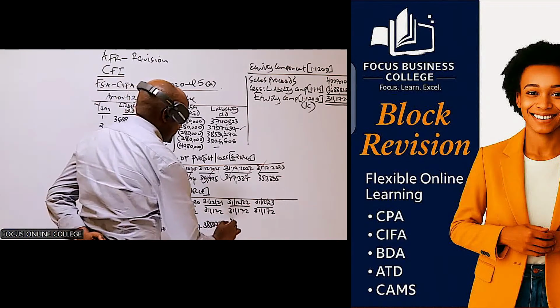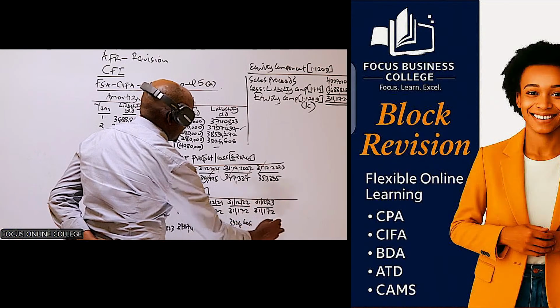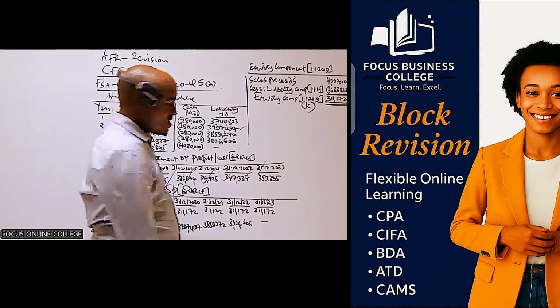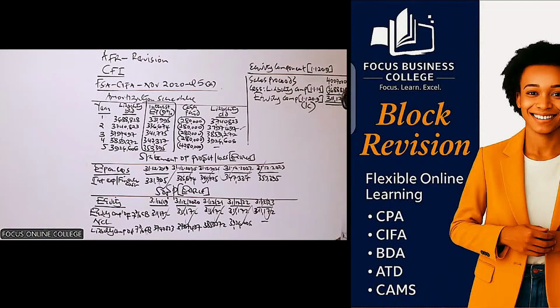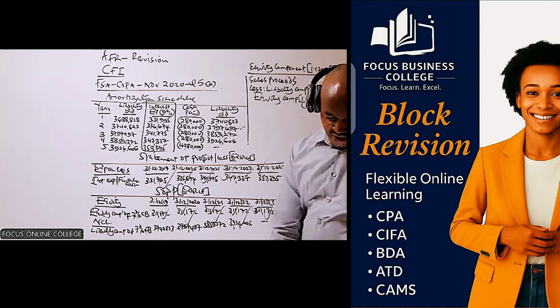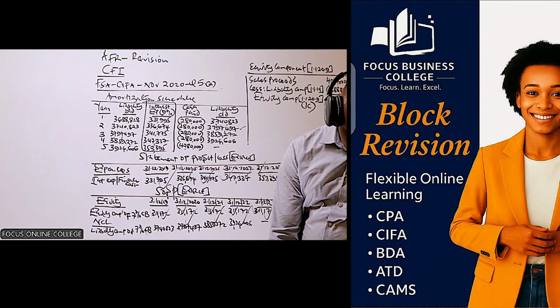And then here we have 3926,606, and then there is 0. So that is it. That is basically what was required there.